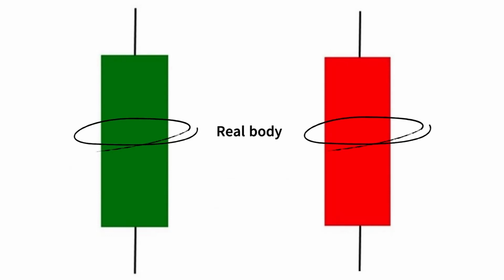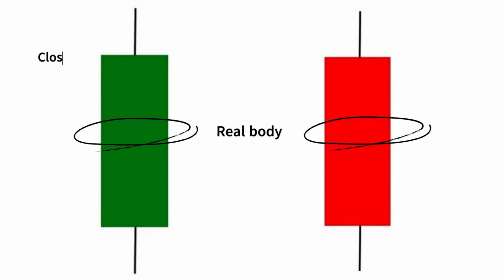A candlestick consists of several components that provide valuable information about price movements. This rectangular part is called the body and represents the price range between the opening and closing prices. Now, during a specific time, the body can be filled, colored, or empty depending on whether the closing price is higher, lower, or the same as the opening price.